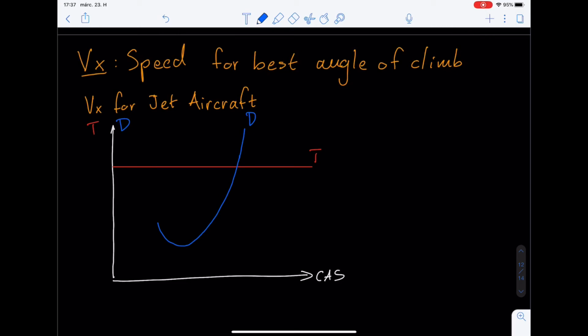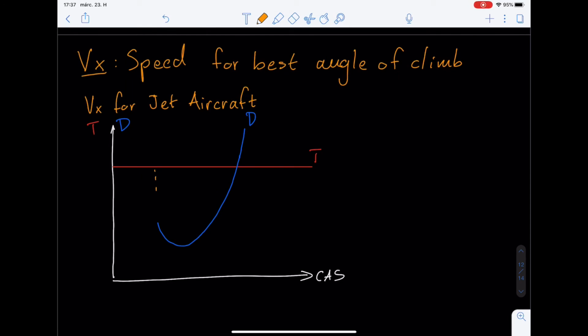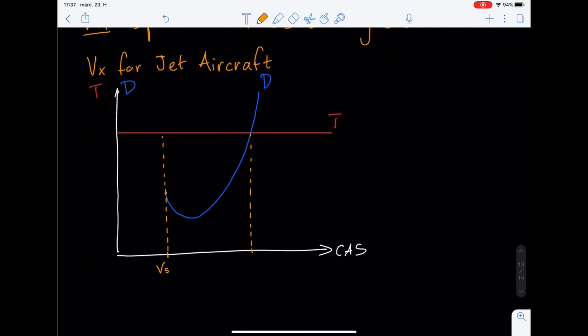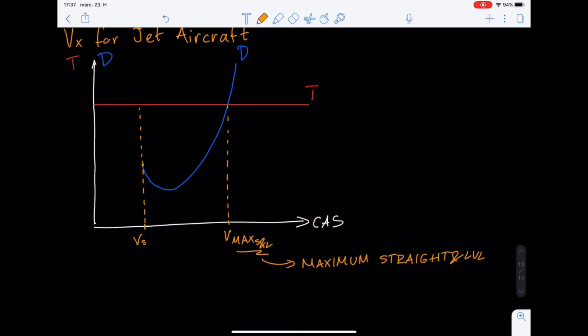Of course, the area of interest for us is between the stall speed Vs and the point where the two curves intersect. This is known as the Vmax S and L, the maximum straight and level speed in the Pet Pilot book.